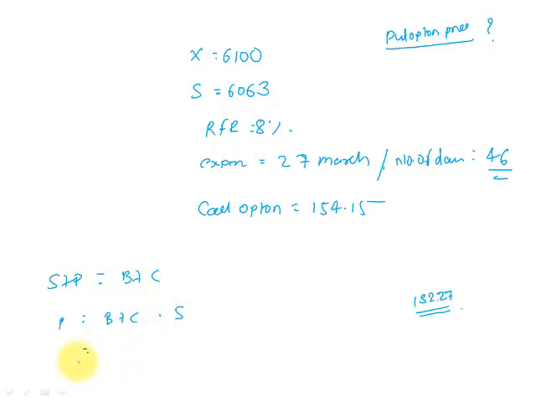How much? 6041. So 6041 plus call option is being priced at 154.15 minus the current spot price in the market for Nifty, which is 6063, and then let's find out the difference. 132.27. So our parity tells us that this should be the price of put option.